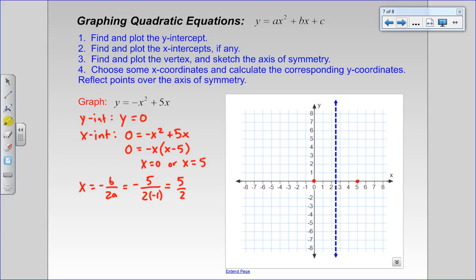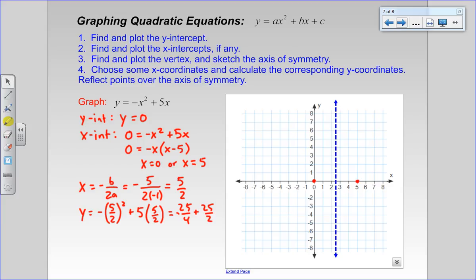The vertex must fall on that axis of symmetry, so we know its x-coordinate. Let's calculate its y-coordinate from the equation. We have y equals negative 5 over 2 squared plus 5 times 5 over 2, which is negative 25 over 4 plus 25 over 2.